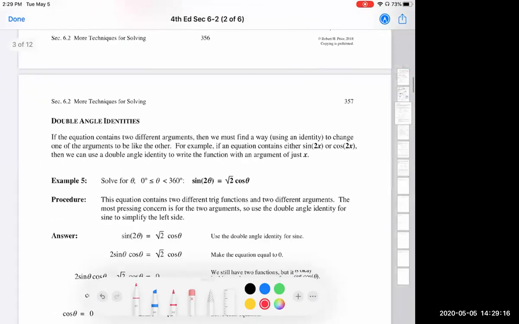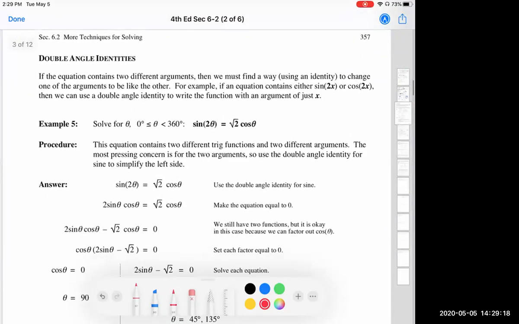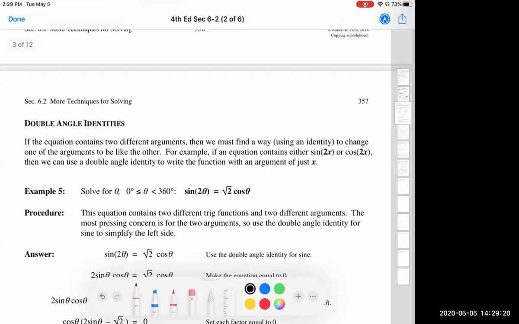All right. One other thing we can do. So what have we learned so far? We learned that we need the same trig function in an equation. We can't have a mixture of it. They need to be all cosines, all sines, all tangents, all cosecants, secants, or cotangents. And we learned two tricks to do it.